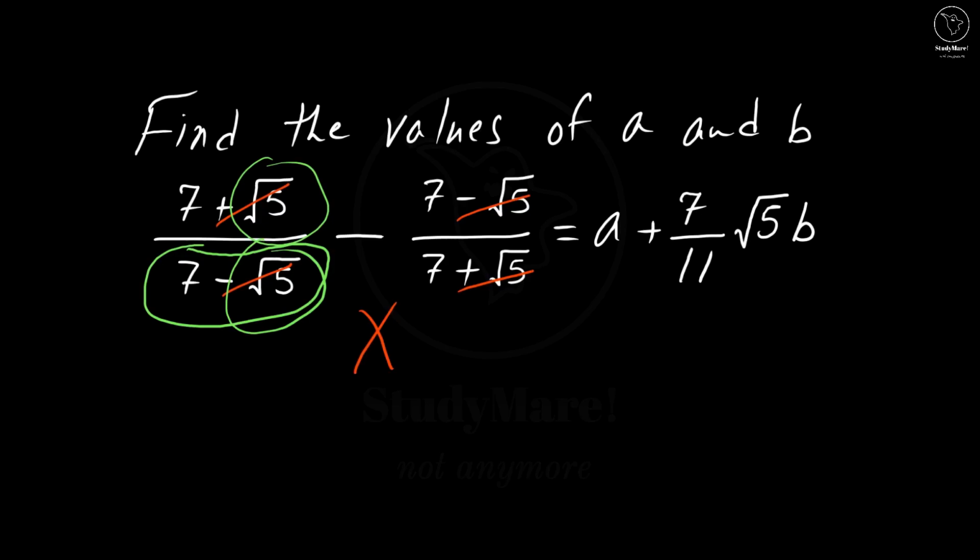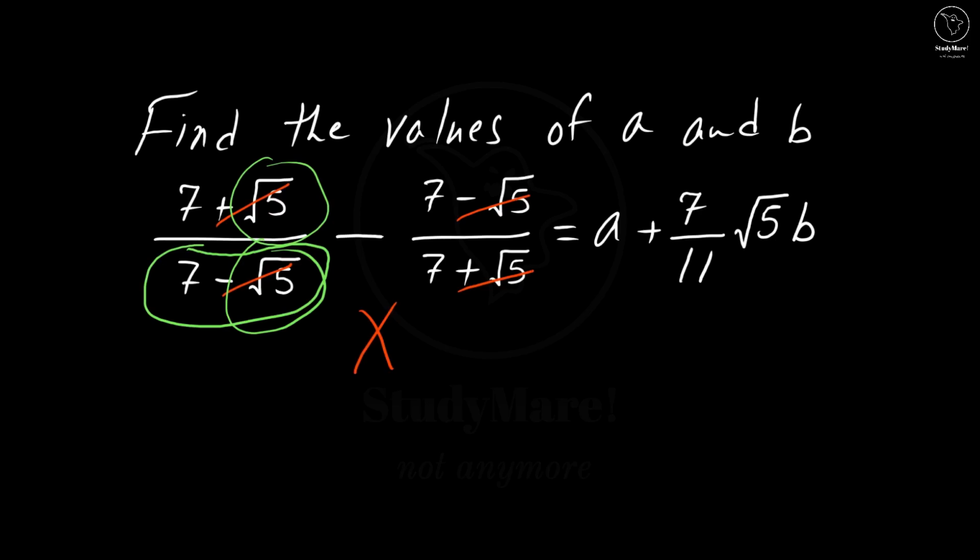Cancellation works only when you have the multiplication sign in between. Here it is not multiplication. It is addition. It is subtraction. So, you just can't cancel out the parts of a term where they are associated with plus and minus sign. It can be done only when you have multiplication, or even in division, where you can take the reciprocal and do it, but not in this case.